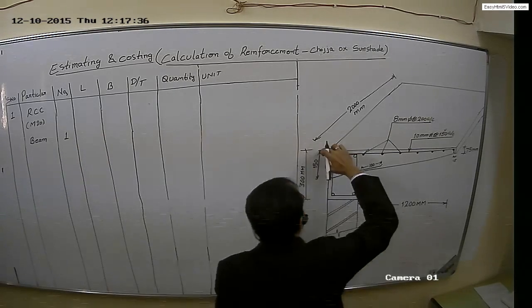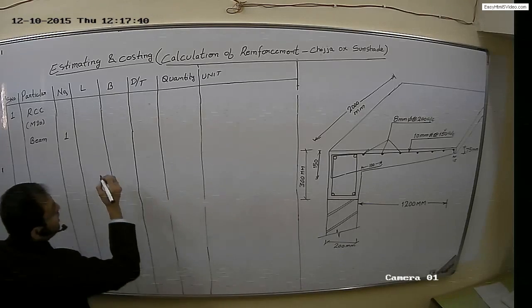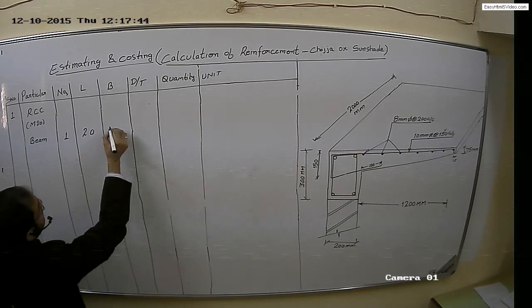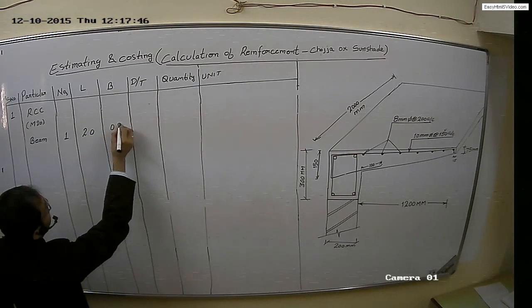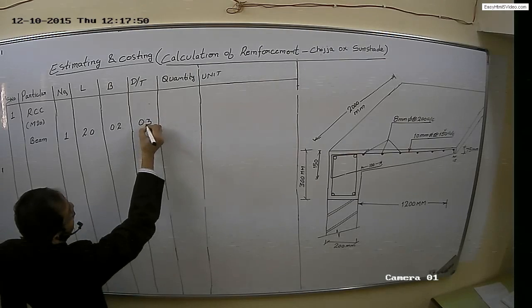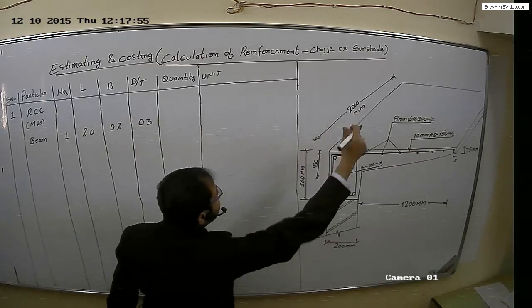Length will be 2 meter from here to here, width will be 0.2 meter, depth will be 0.3 meter.